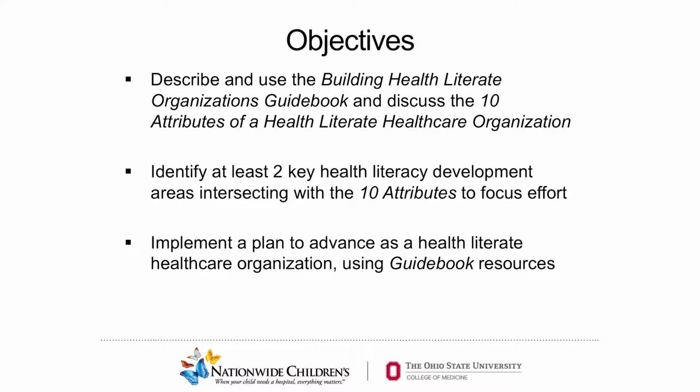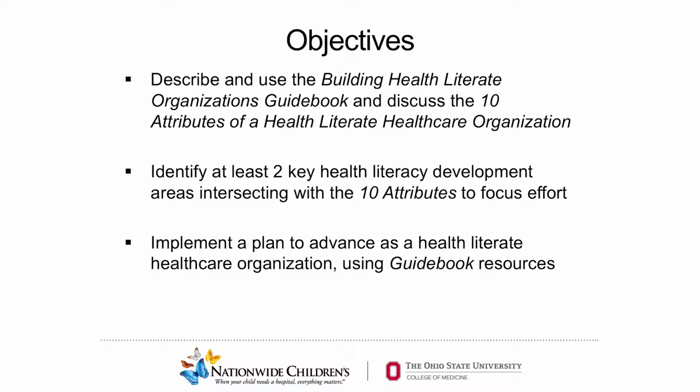What do we want to accomplish in this 1 hour session? I want you to be able to describe and use the Building Health Literate Organizations Guidebook, and to be able to discuss the 10 attributes of a health literate healthcare organization.